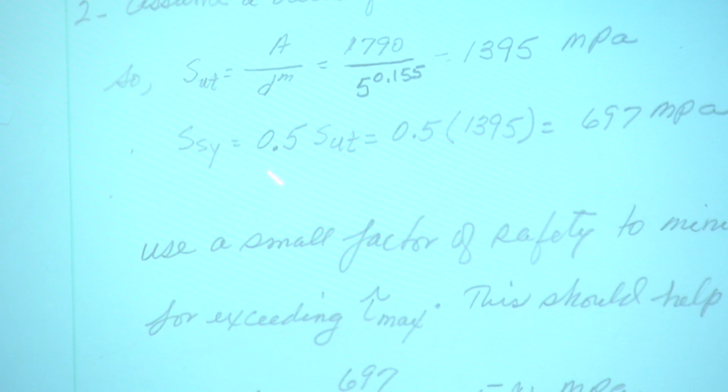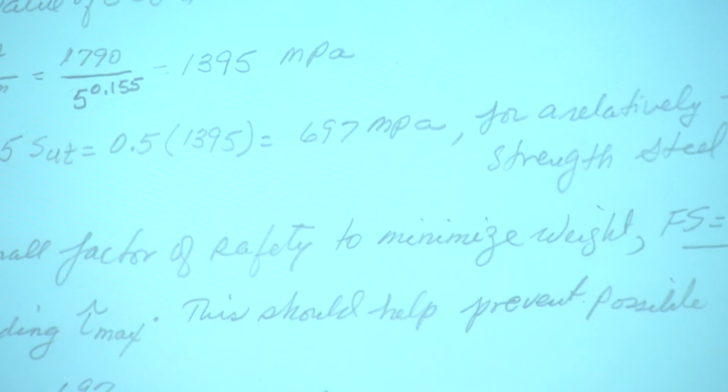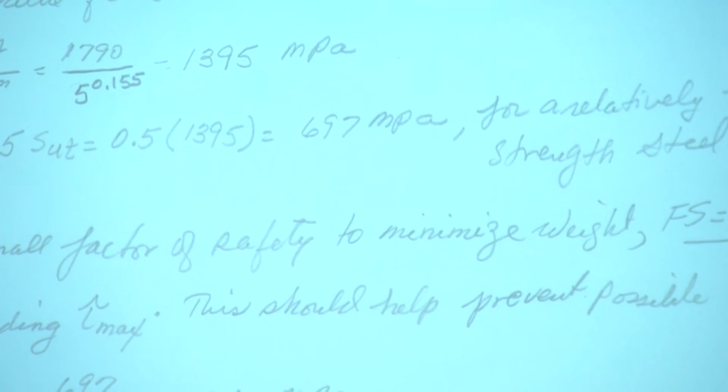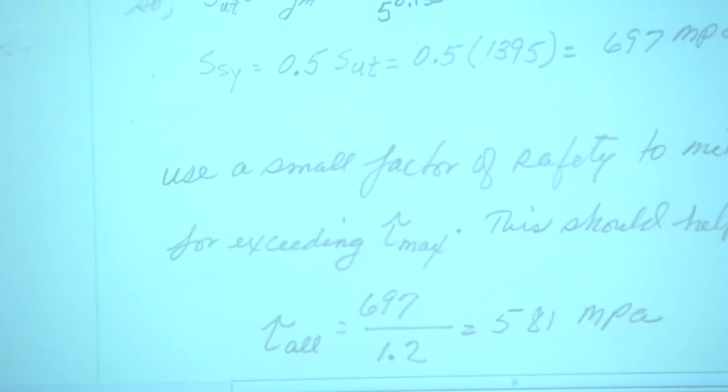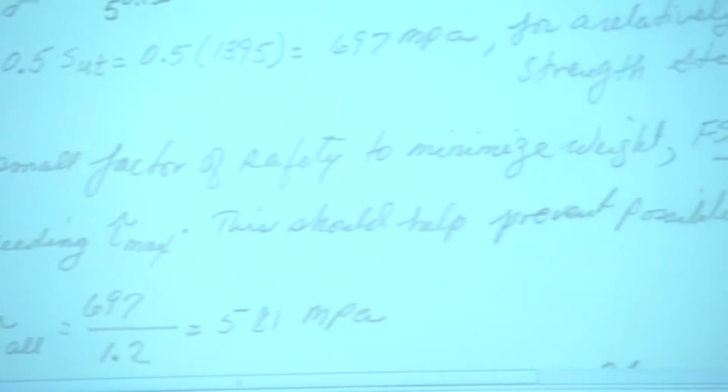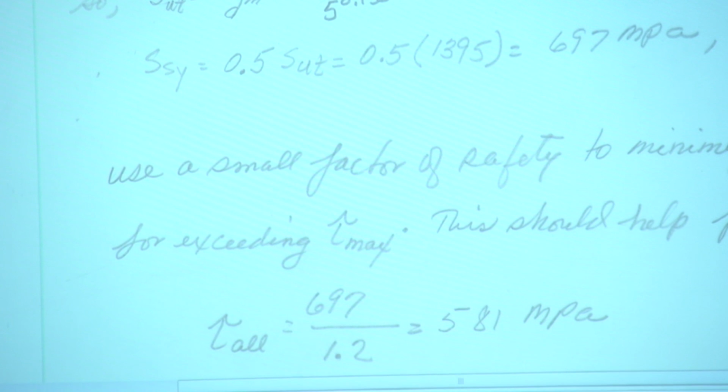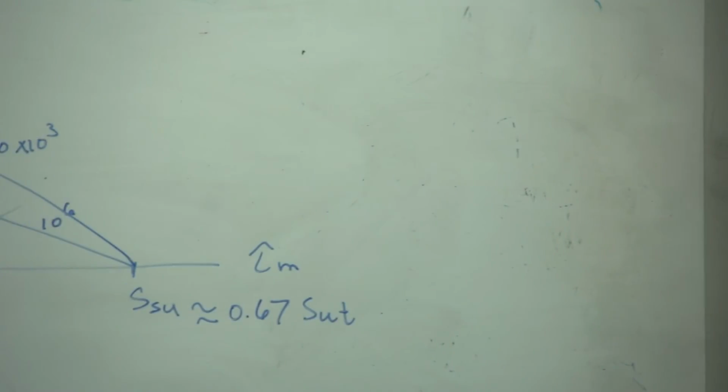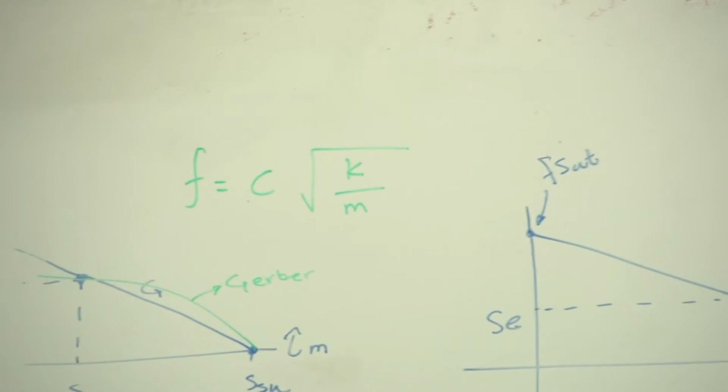So in here I'm taking an upper limit on SSY, 0.5 rather than 0.4, 697. Use a small factor of safety to minimize weight. Remember that we would like to make sure that there is no surge, and the equation for frequency is some sort of a constant times the square root of k over m, or kg over w. They're both the same.